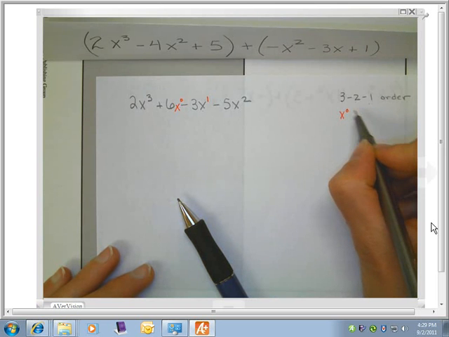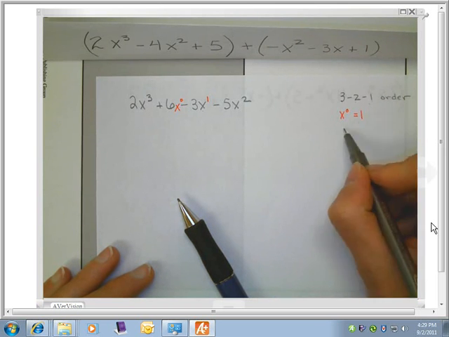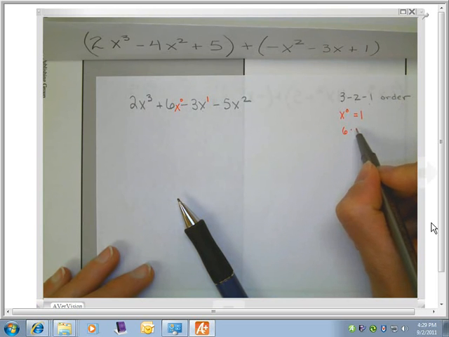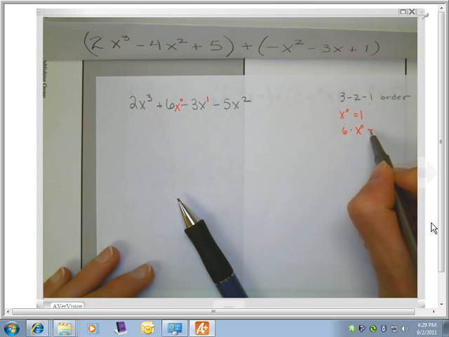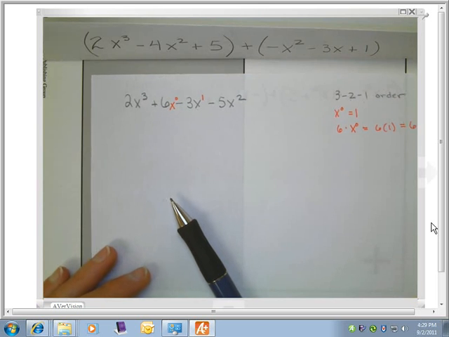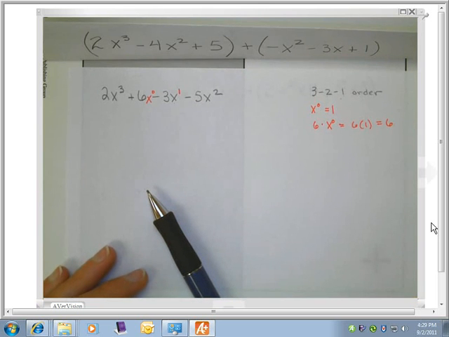So remember, anything to the 0 power is equal to 1. So that means that x to the 0 times 6 is the same as 6 times 1, which equals 6. And that's why we don't write an x there.